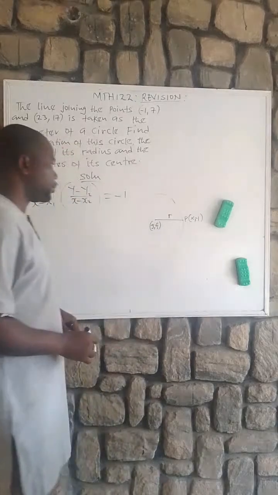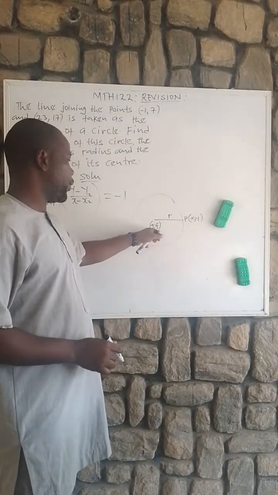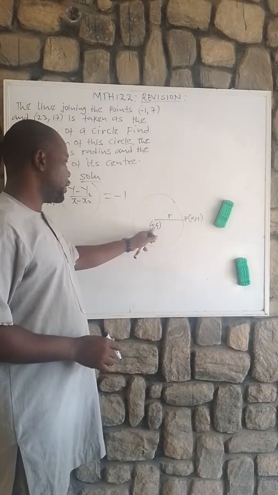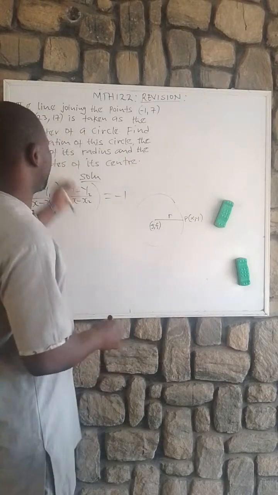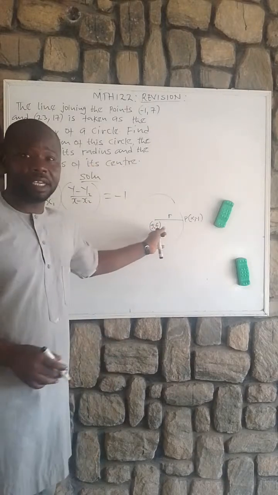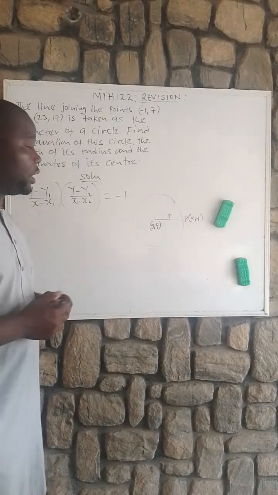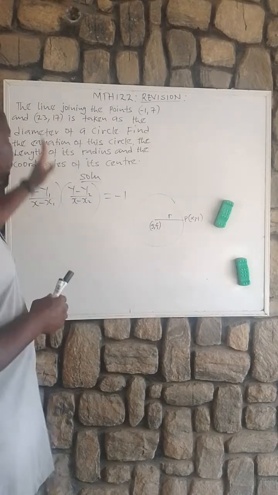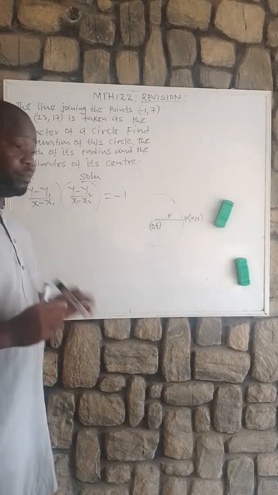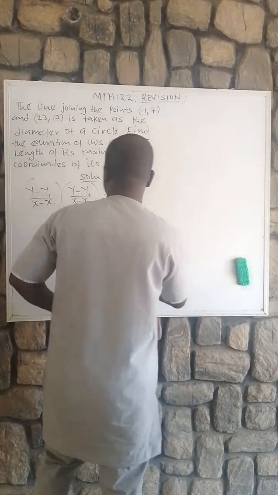So they are telling us these are the coordinates, we should find g and f, that is the coordinates of its center. I'm going to show you how we are going to approach this set of questions. It's simple as ABC. Are you following? Okay, so let's proceed.